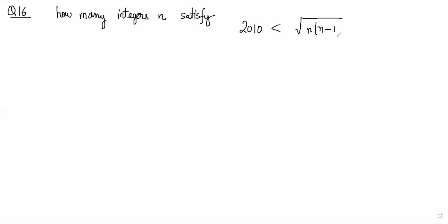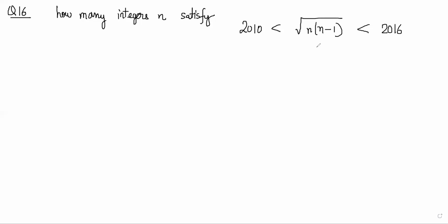How many integers n satisfy this inequality? 2010 is less than root over n squared minus n is less than 2016, right? Okay, how many integers n?